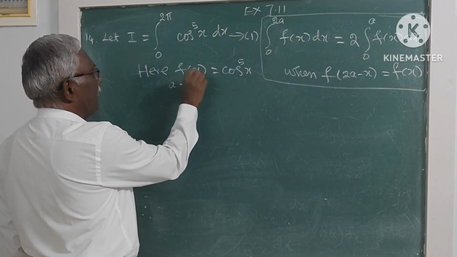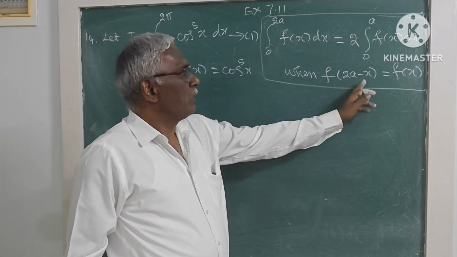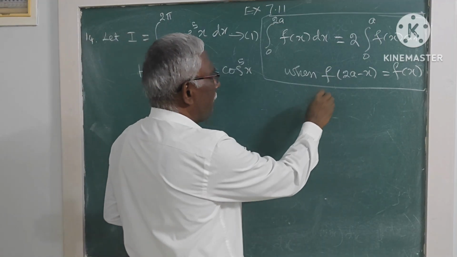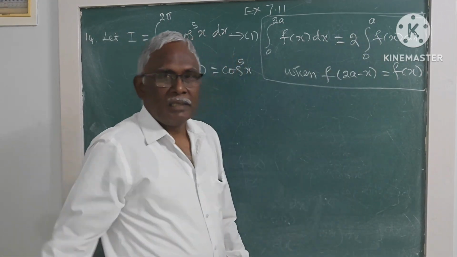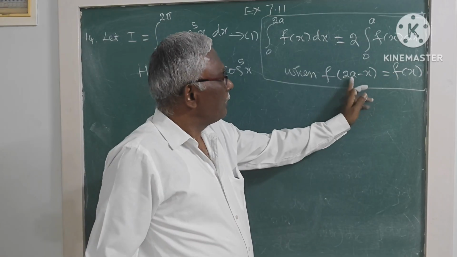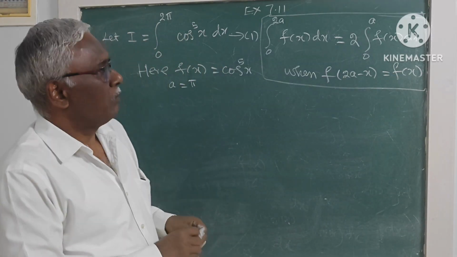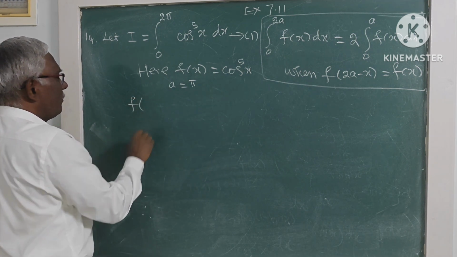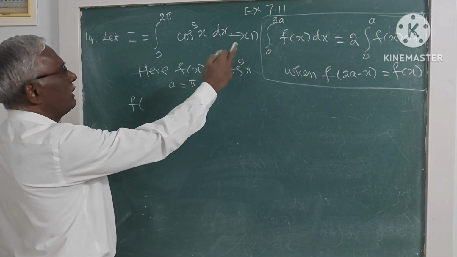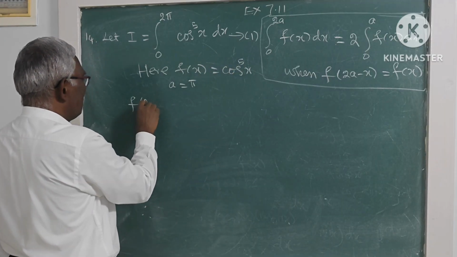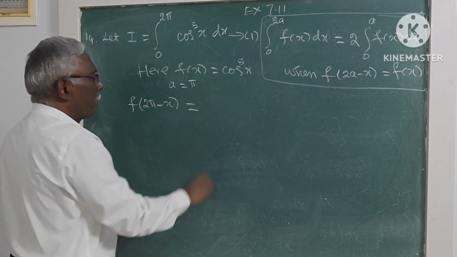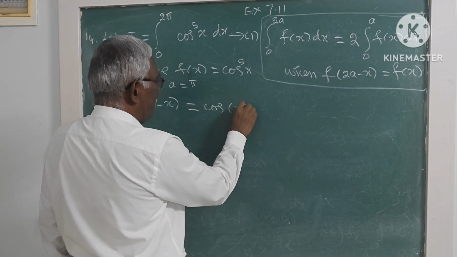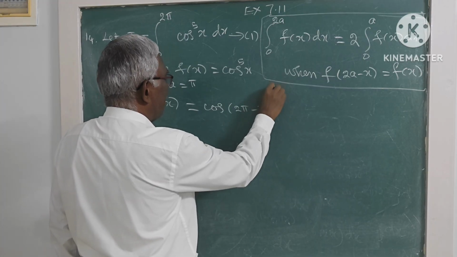A value is pi, and we have to see f of 2a minus x is equal to what? And this value is equal to 0 if f of 2a minus x is equal to minus f of x. So we will find f of 2a minus x. F of 2a means 2 pi minus x. So this is nothing but cos 2 pi minus x power 5.